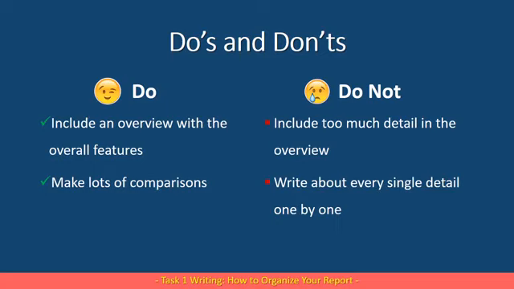Don't write about every single detail one by one. Okay, do not do this or you will get a 5 for the task achievement part of your writing task 1. Okay, don't write every single detail. You need to choose the important details, highlight the main details. Don't do every single one.